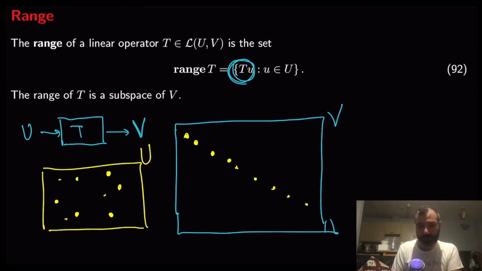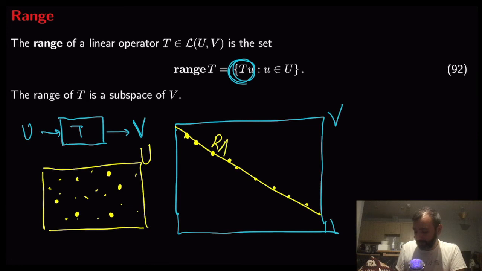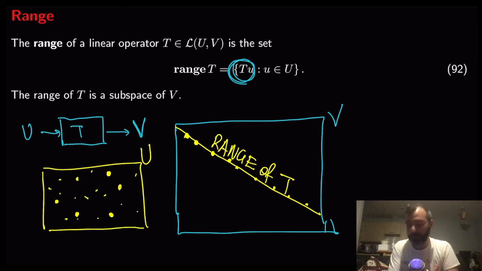So you see what is happening here. I'm selecting various points inside U, and whatever points I select, the result is always on this line. This line is the range of my T, or you can call it the image of T. Some people say image, some people say range. These are synonyms. The range of T is a subspace of V.